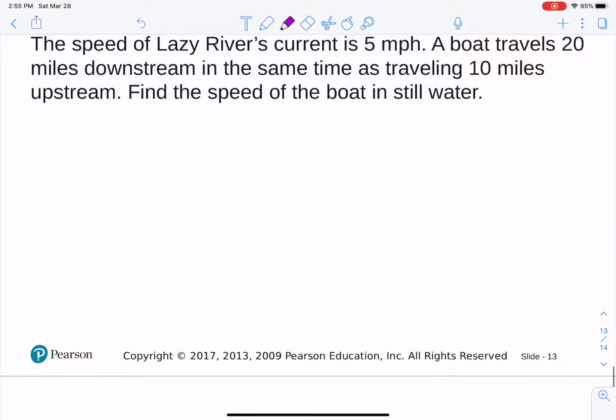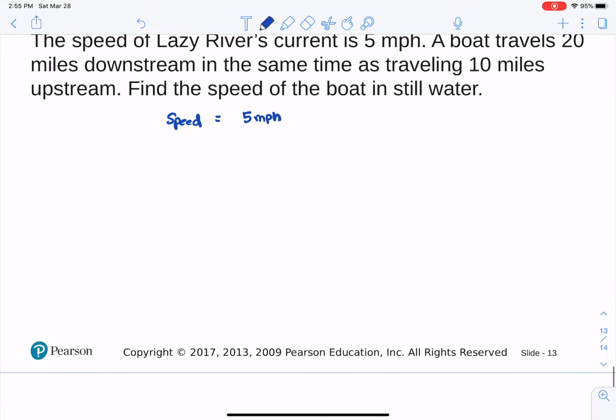So we know the speed of the current, and the downstream distance is 20 miles covered.